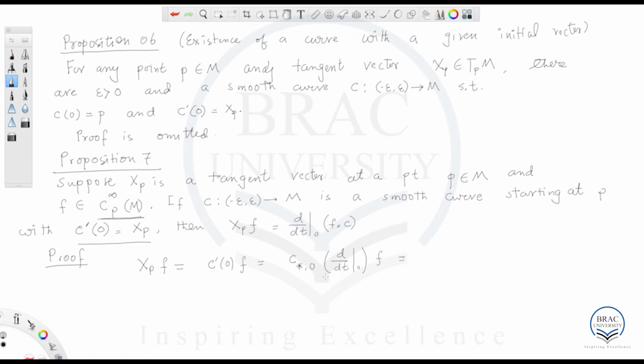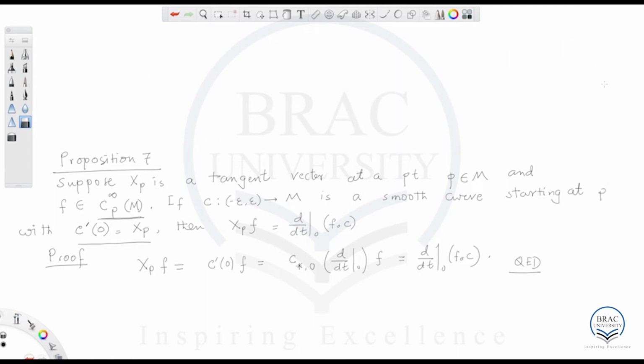And now from the definition of differential, we know that this is nothing but d dt at 0 of f composed with c, right? QED. Good.